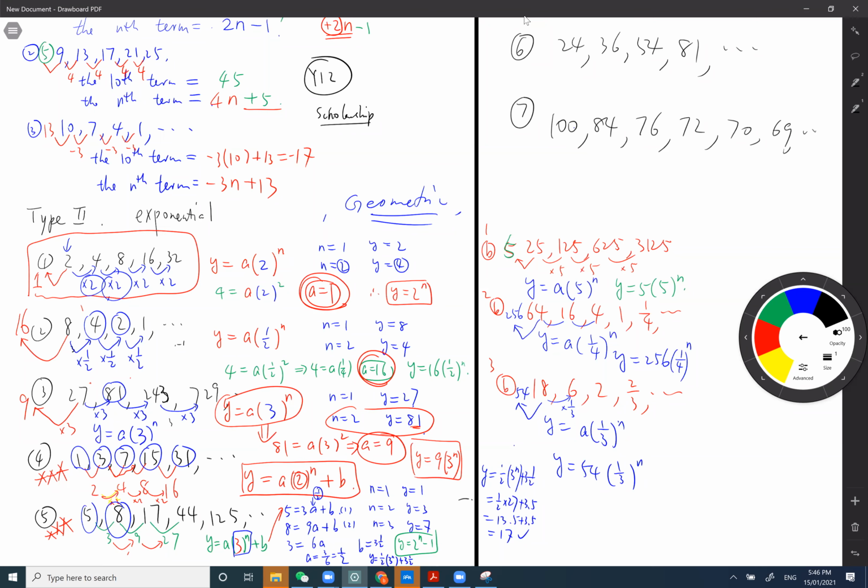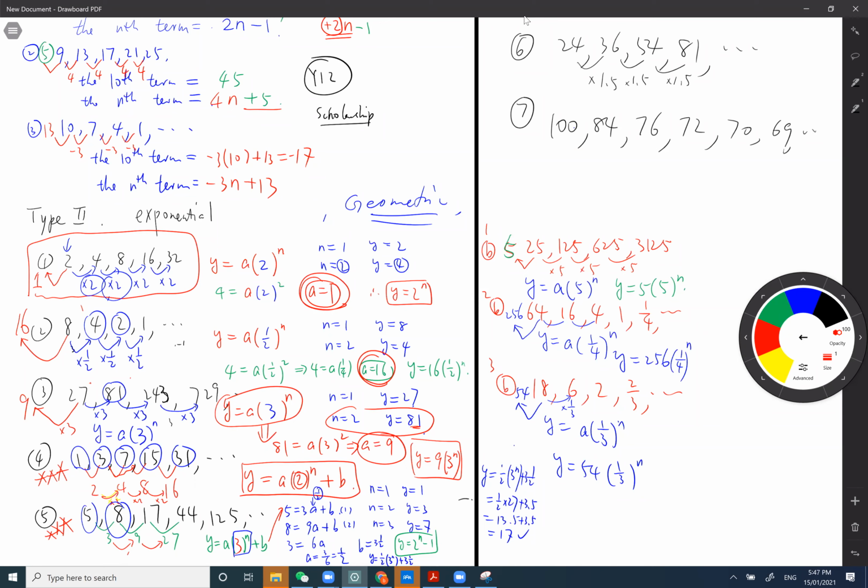Okay. See, you can use a calculator to help you if the numbers are not tidy. Each time it's times by 1.5. I'll just give you this hint.